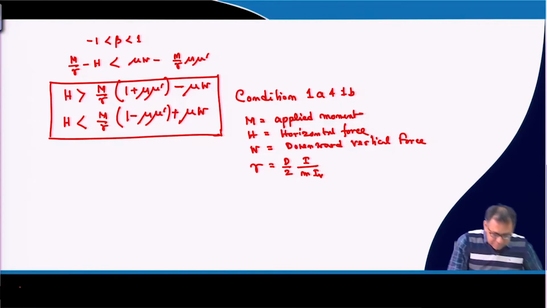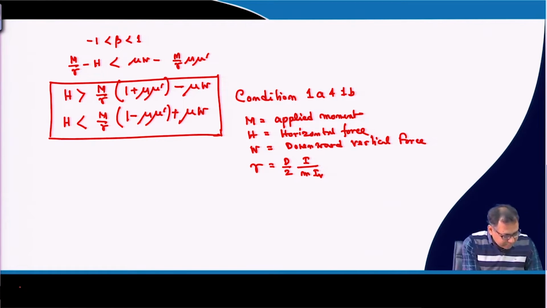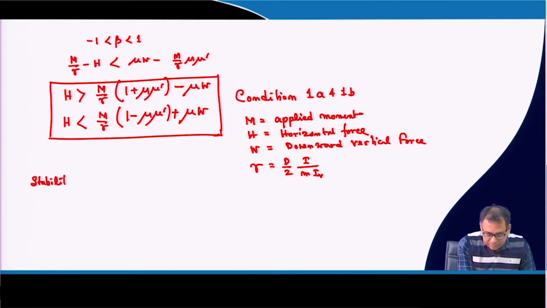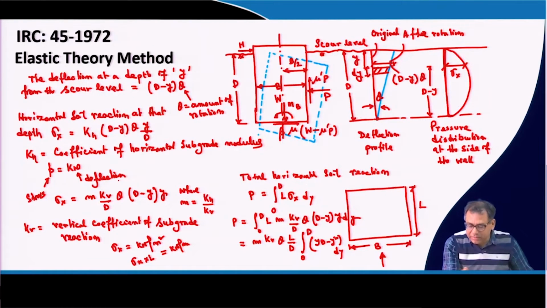Now, the next condition for the stability. You can see that this well is rotating from left to right, or you can say it is rotating in the clockwise direction.